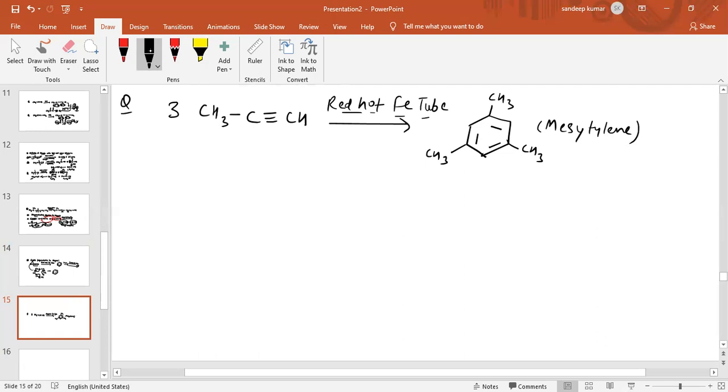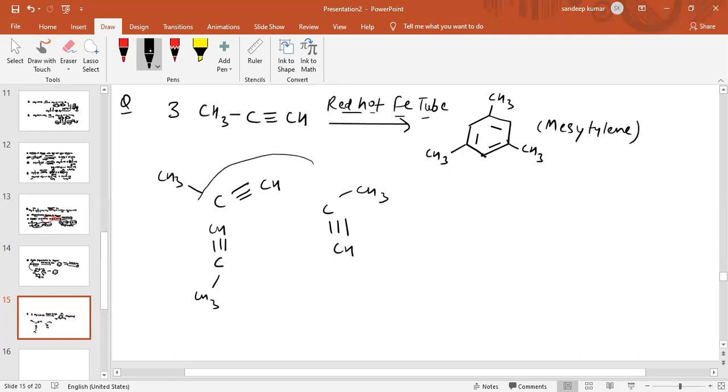Now see how it is obtained. In the same way, C triple bond CH, and on this carbon there is CH3. Now again, C triple bond CH, and again there is CH3. Again C CH3 triple bond CH. We can see this is basically similar to a benzene-like structure.